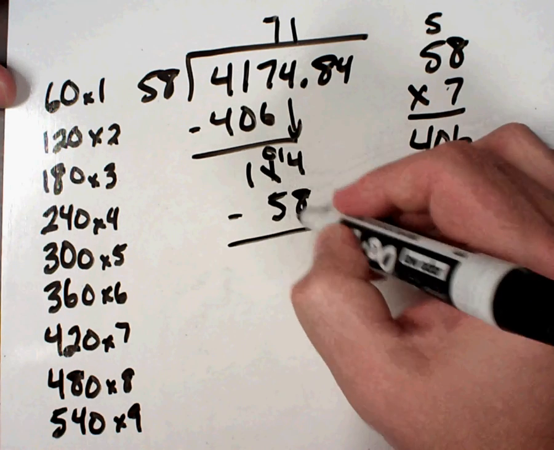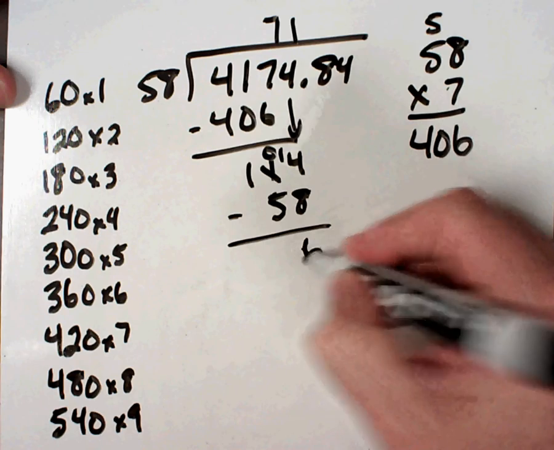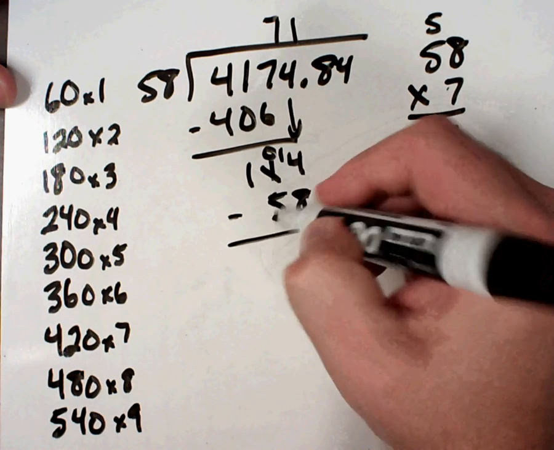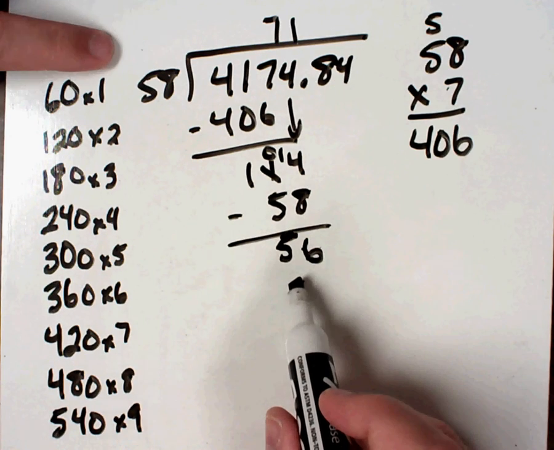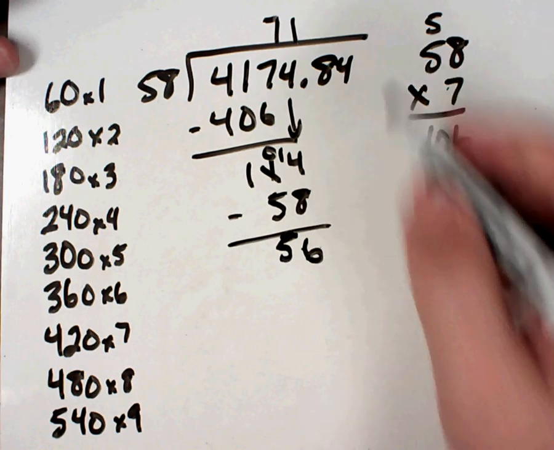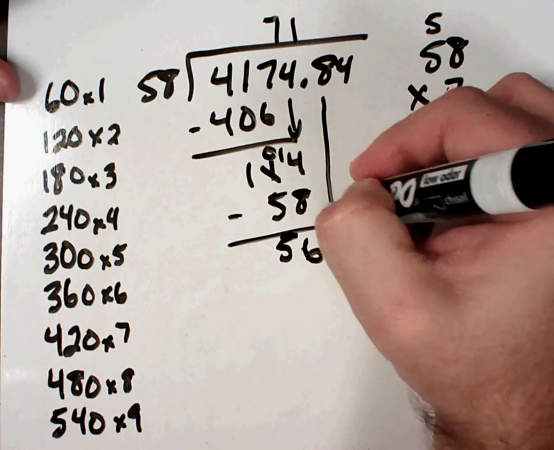All right, 14 minus 8 gives me 6. And this is 10 minus 5 gives me 5. So it was under, but just barely. I mean, it was just a difference of 2. So very, very close. All right, pull down my 8.